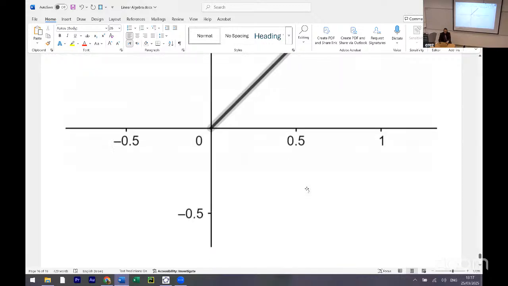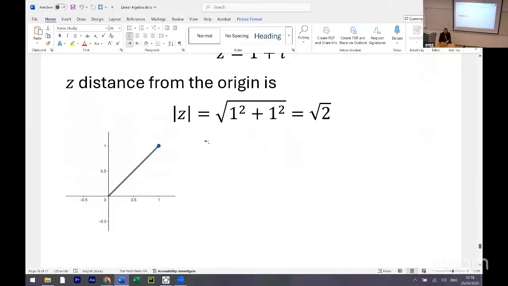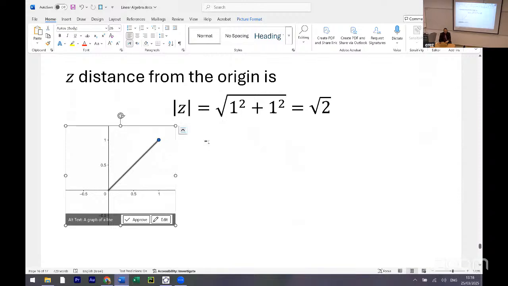Can you explain why the distance from the origin is the absolute value, everything you wrote? I'll do it in general in a second, but that's Pythagoras' theorem, right? The triangle you see here has the hypotenuse, and the other two sides, the adjacent sides, are 1 and 1.